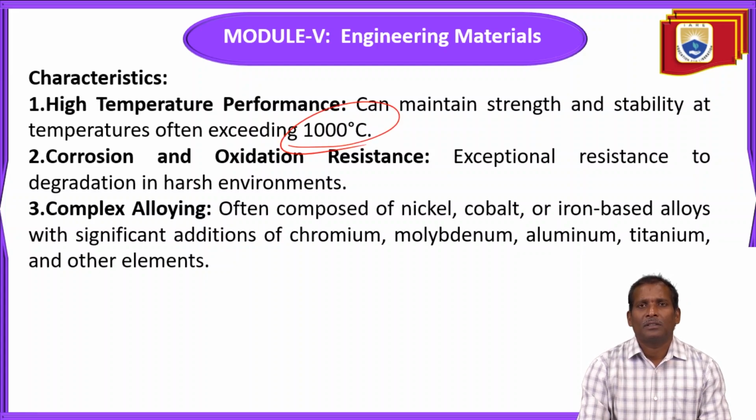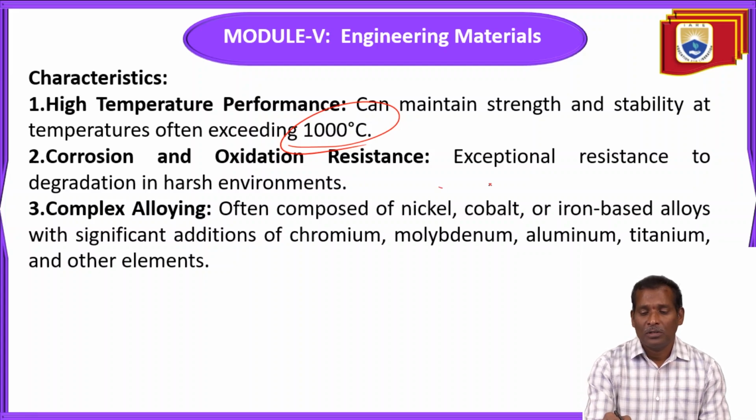So wherever the temperature exceeds 1000 degrees centigrade, these materials are used. The necessity is there because it gives high temperature performance, maintaining strength, and that much capacity, along with corrosion and oxidation resistance.